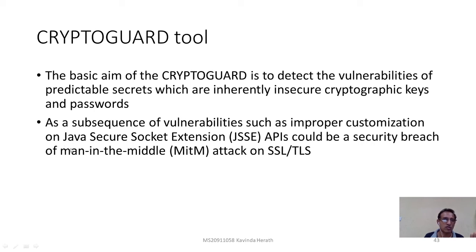We need to use this sort of tool, as a consequence of vulnerabilities such as improper customization of Java Secure Socket Extension APIs, which could lead to a security breach such as a man-in-the-middle attack on SSL or TLS if the cryptography is not properly applied.